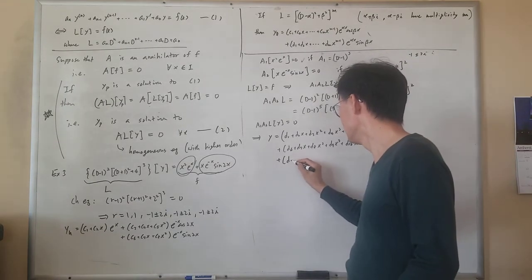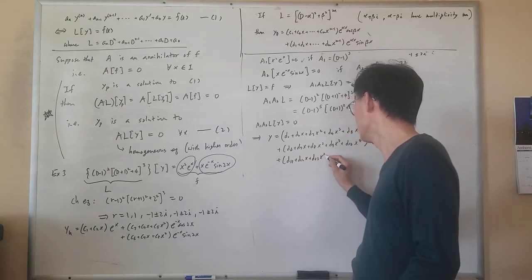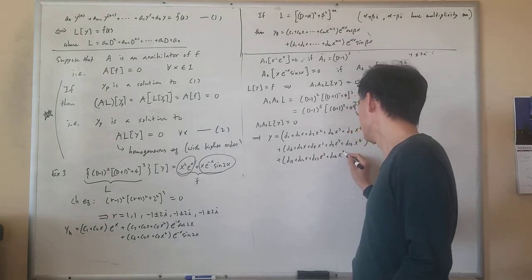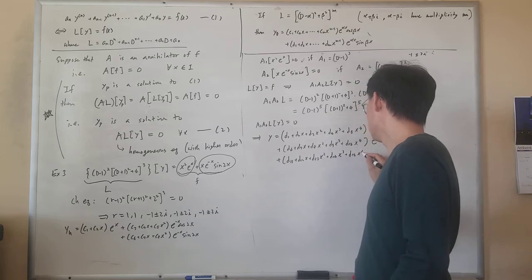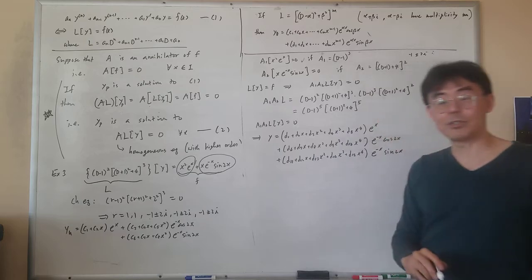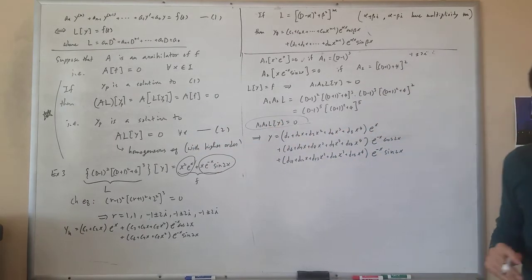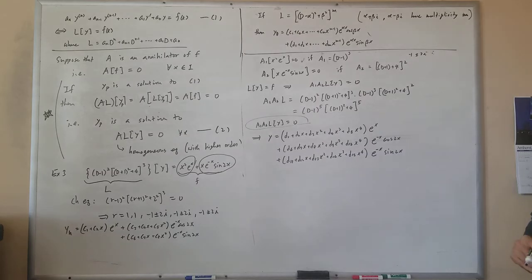And d11, d12x, d13, d14, d15. That would be the general solution of this bigger homogeneous equation.